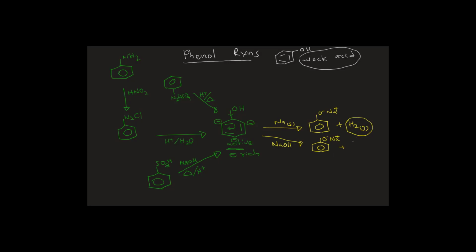Now, what's the other reaction you could do? You can do a nitration easily. Because phenol is more reactive than benzene, you can easily add more than one nitro group. You would add 2 ortho and 1 para.